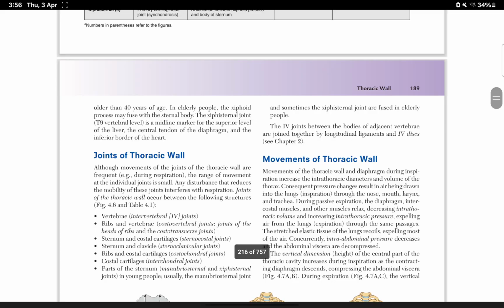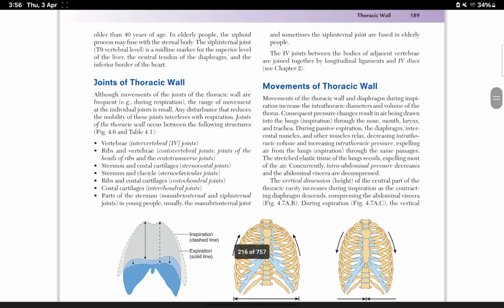Sometimes the xiphisternal joint is fused in elderly people. The joints between the bodies of adjacent vertebrae are joined together by the longitudinal ligament and intervertebral disc.